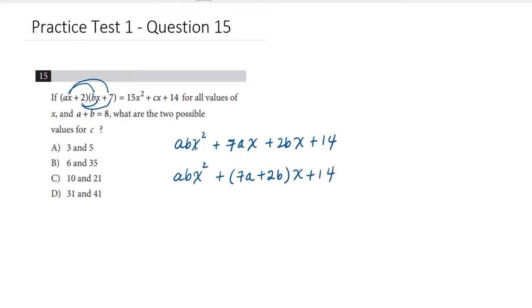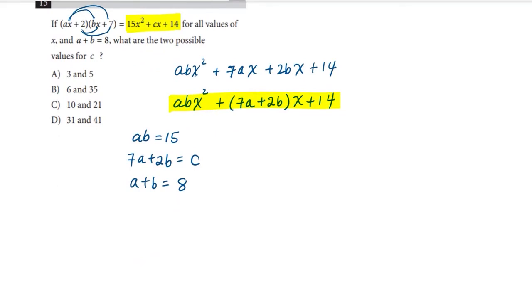Comparing with the right side of the equation, we know that a times b is 15, and 7a plus 2b is c, which we don't know. Also, there is another one, a plus b is 8.